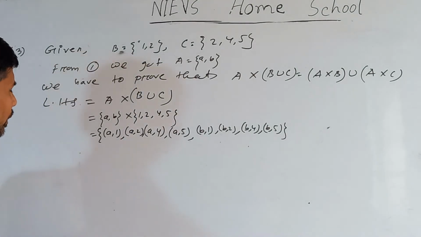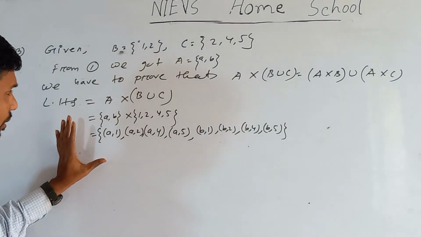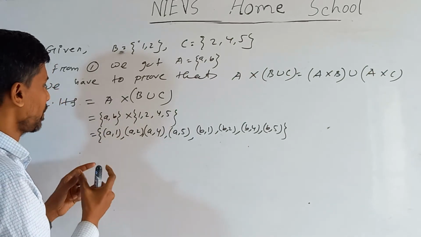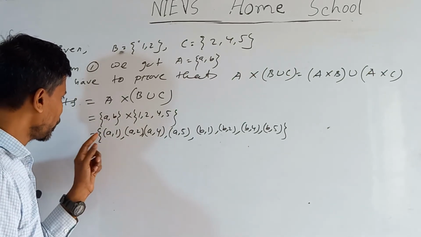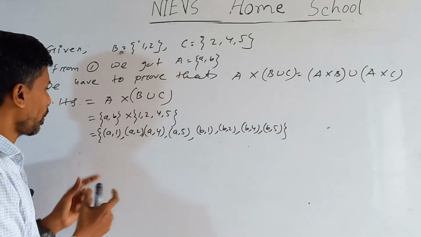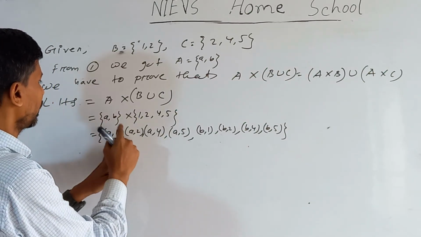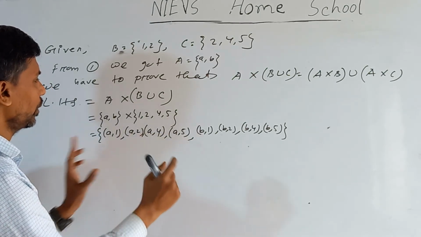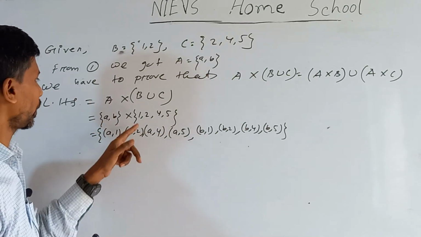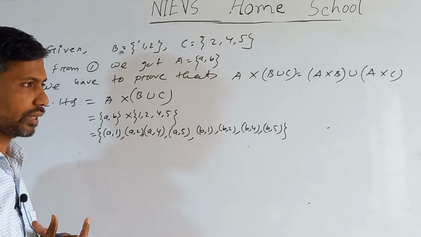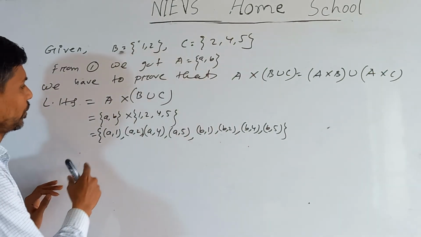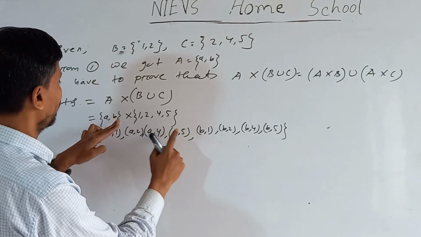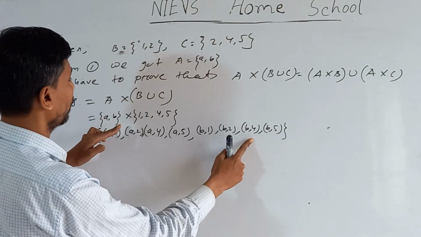Friends, this is called the cross product. Write it like this, a1, side by side, with a comma between a and 1. Don't write like a into 1. Then for b: b1, b2, b4, and b5.